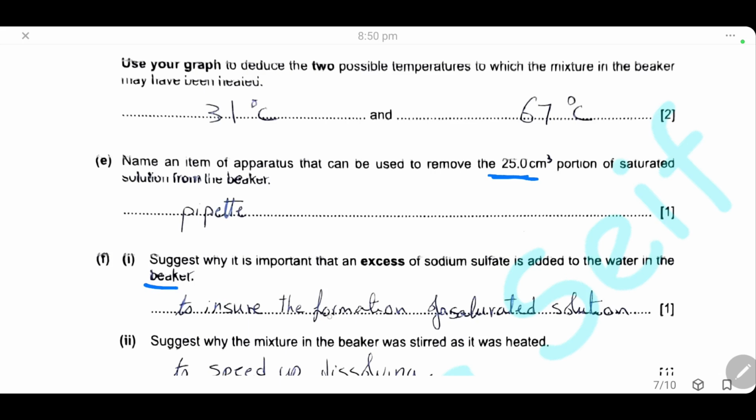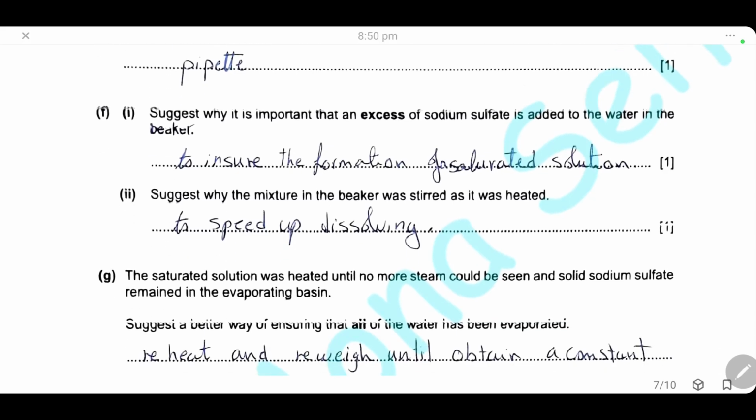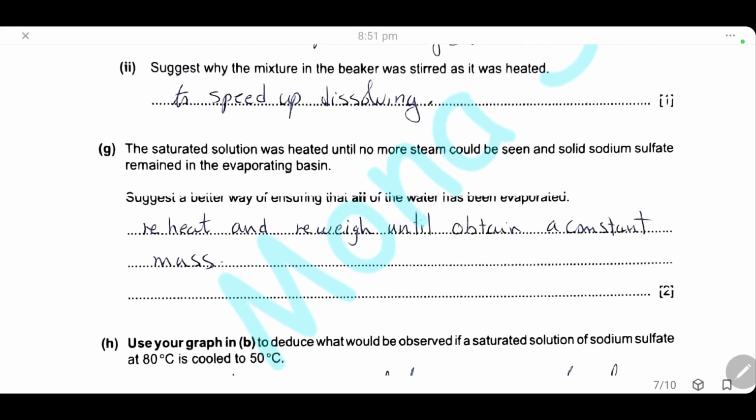To make sure of the formation of saturated solution. Because we want to prepare saturated solution, we have to add excess sodium sulfate. Suggest why the mixture in the beaker was stirred as it is heated. To speed up dissolving. So we will stir it until all the sodium sulfate dissolves quickly.